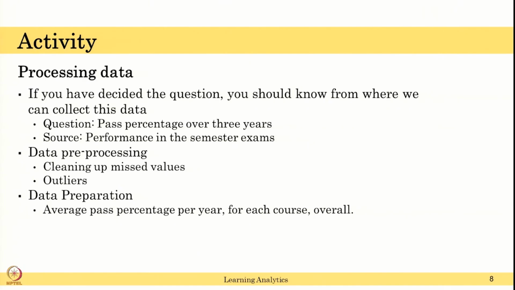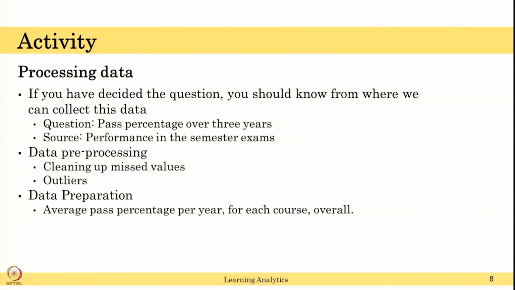So, processing data, like what data to collect and how to represent it, is very, very important. If you have decided the research question, you should know where you can collect this data. For example, if I want to know how students' attendance and performance are correlated, or I create a hypothesis that higher attendance leads to higher marks in the exam, in that case I need to collect data such as their attendance and performance over the years.